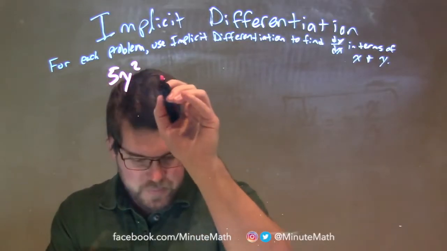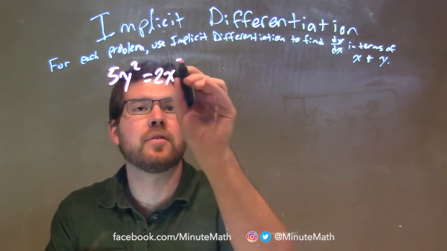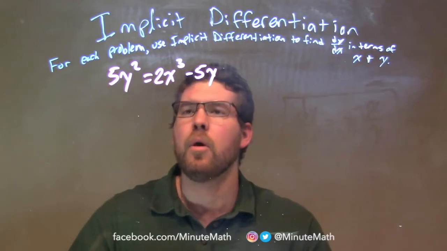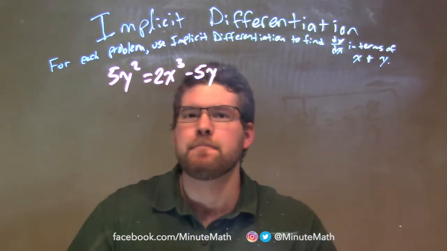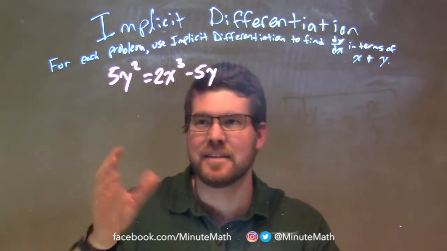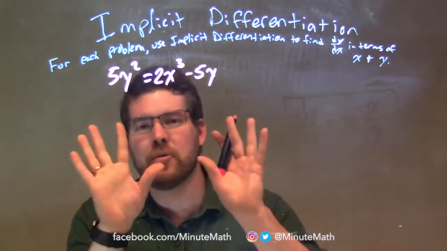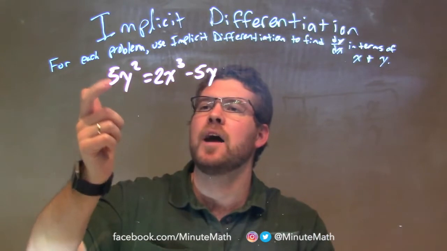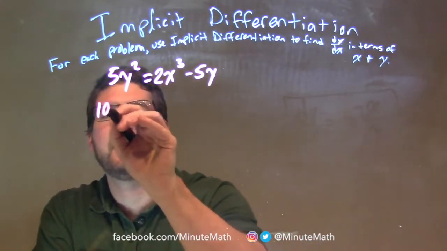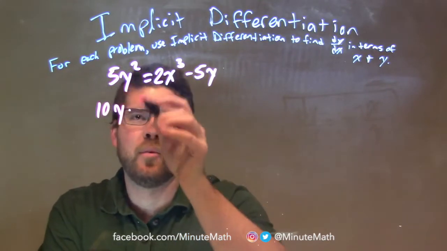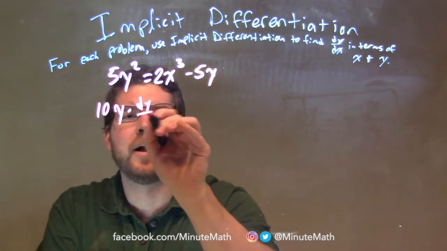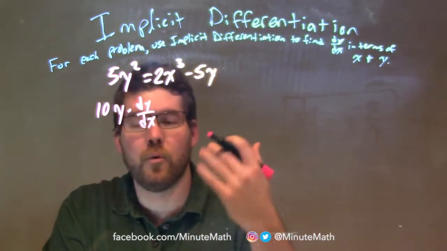5y squared equals 2x to the third minus 5y. Well, what I want to do now is take the derivative here, and I'm going to treat basically every variable like it's an x, except for the y's, right? The y's will have one extra step to it. So 5y squared, well, power rule says 5 times the 2, 2 comes down, we have 10y, subtract the exponent by 1, 2 minus 1 is 1, times, now y is just dy/dx, the derivative of y.